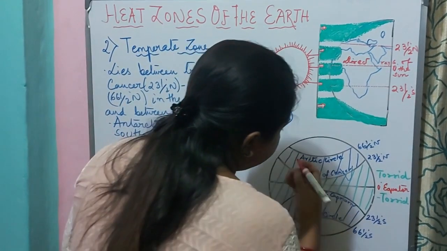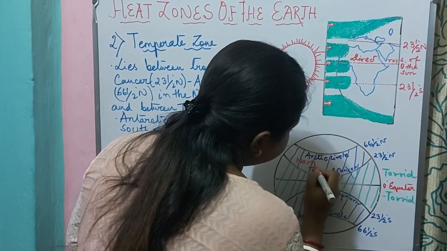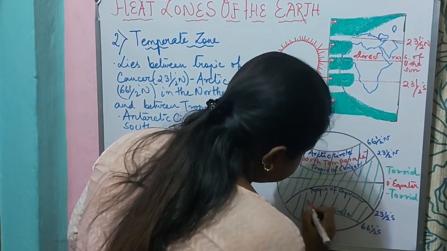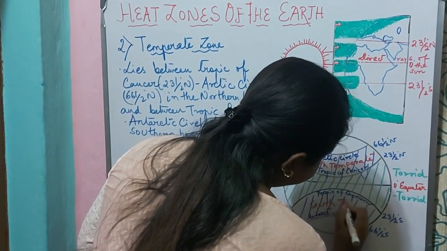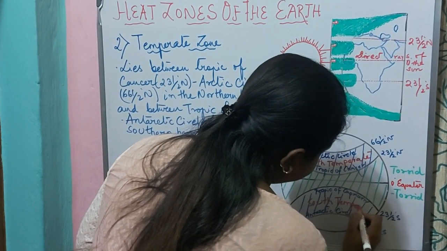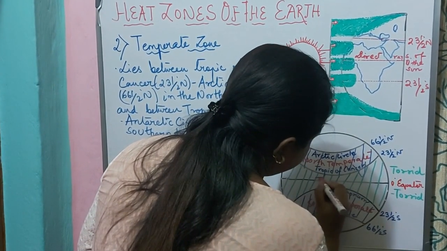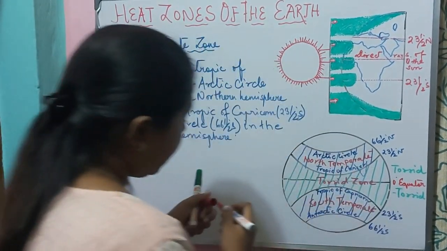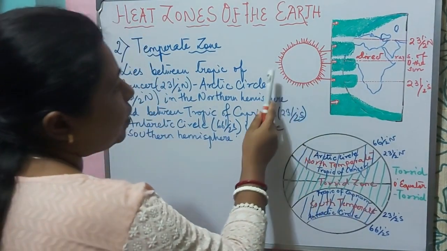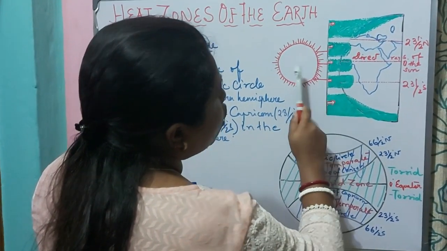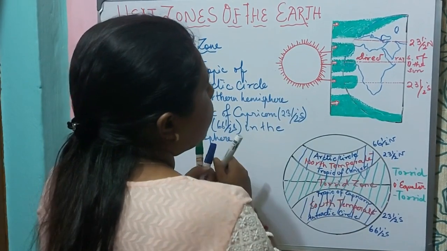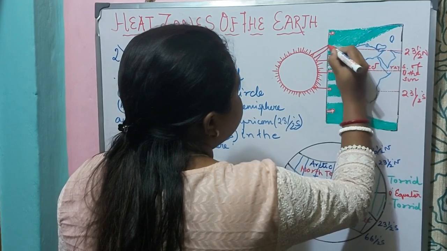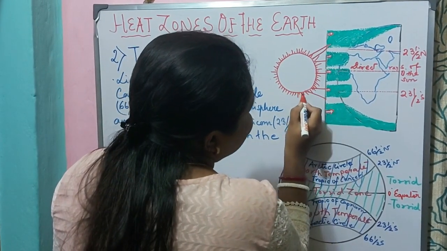This is referred to as the north temperate zone, and this is the south temperate zone. And already I told you this is the torrid zone. Now you can see that here the amount of sun rays was direct, that means vertical. But as we move away from the equator, the sun rays go on becoming slanting.